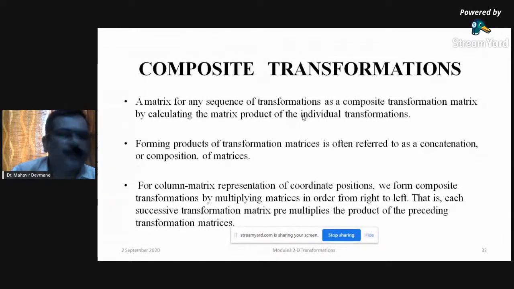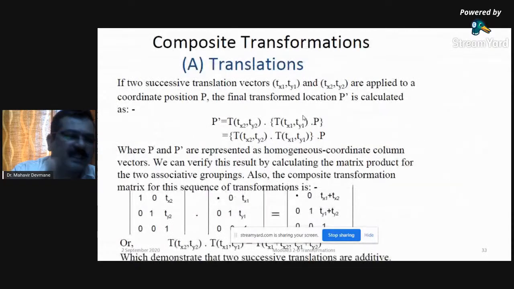Such transformations are called composite transformations. Whenever we perform more than one transformation operation on the given object, it is called a composite transformation. We'll see some basic examples, like two translations.